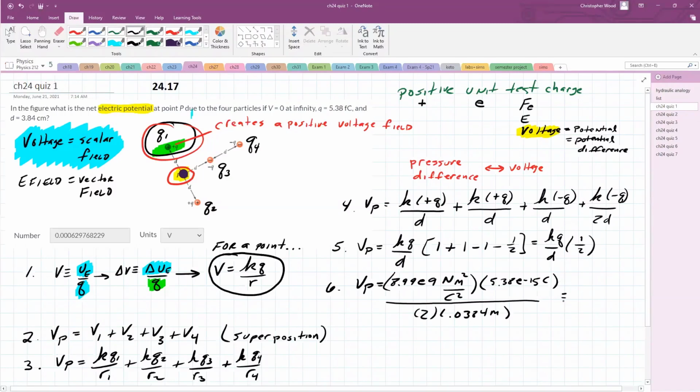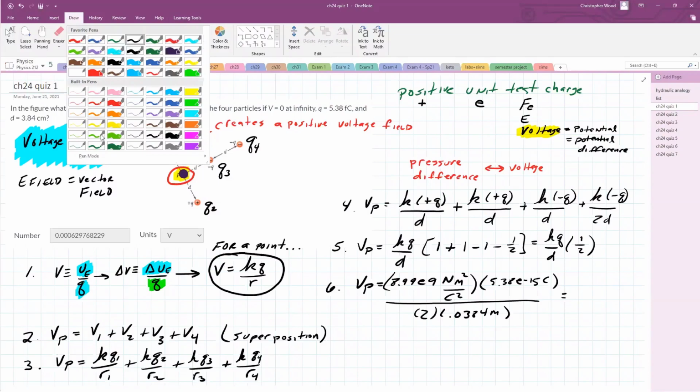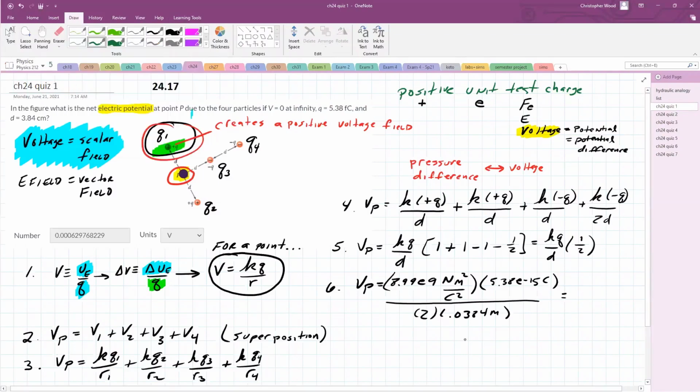So the answer is correct, getting the right answer, but we have to do dimensional analysis just because that will be given to you as a specification on exam 2 and all of the exams. So from a dimensional point of view, I have newtons meters squared over coulomb squared times coulomb in the numerator.